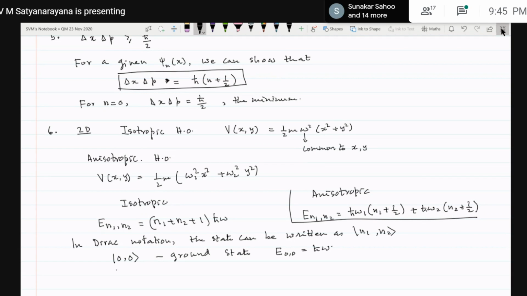Now if you take the first excited state, I have 1 0 and 0 1. Both of them correspond to the same value. E10 is equal to E01, that is equal to 2 h cross omega. So now we can say that this is twofold degenerate, because there are two states for the same eigenvalue.